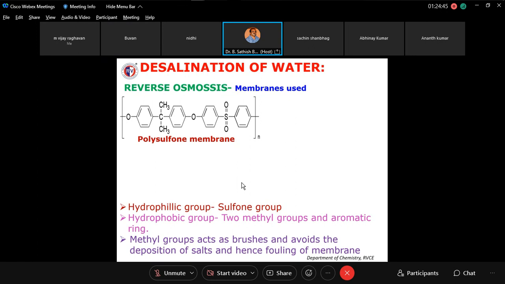Oh, you have to replace the membrane only. It will have some life cycle, some minimum number of filtration cycles. After that, you have to remove it and change the membrane. So it can't be reused. It is use and throw. Okay, sir. Thank you.